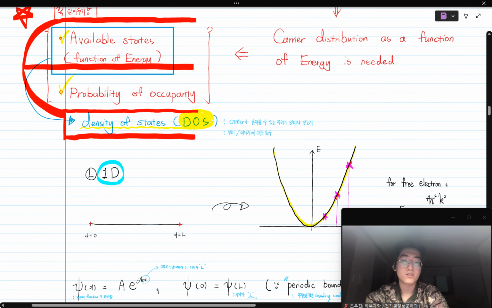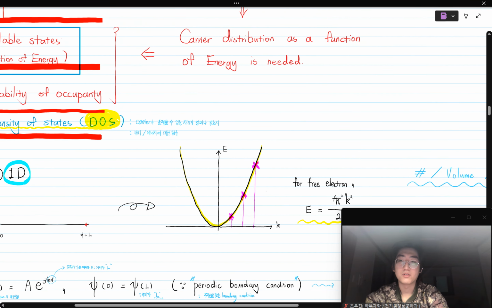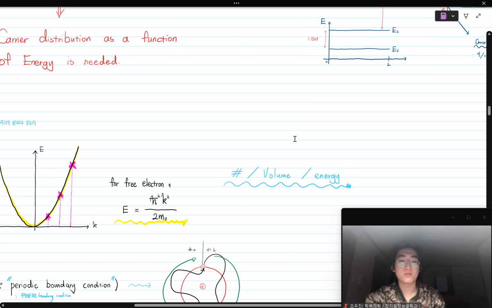And it is a function of volume and energy. So density of states is a function of the number of carriers, of volume, and of energy.